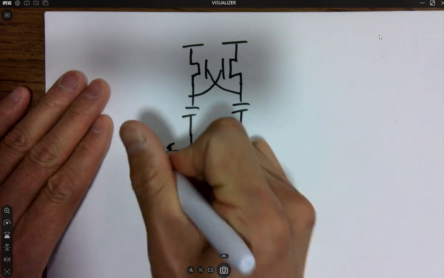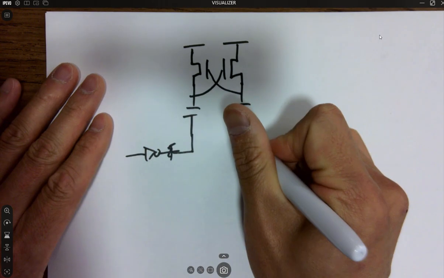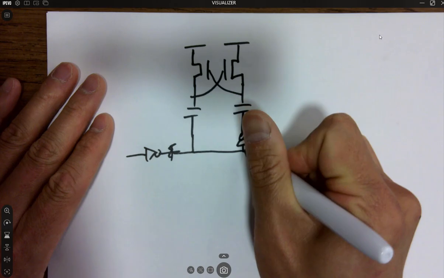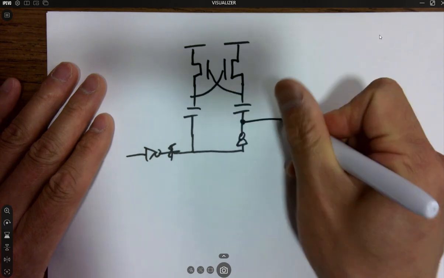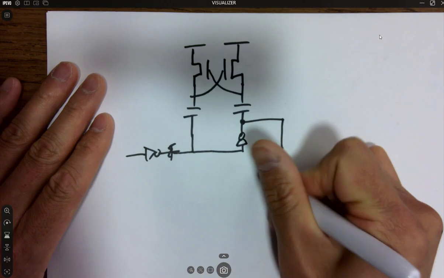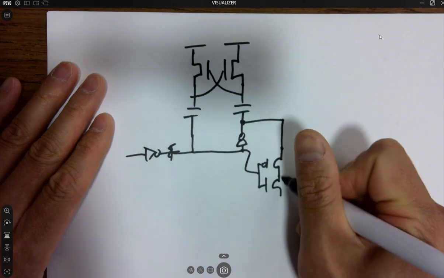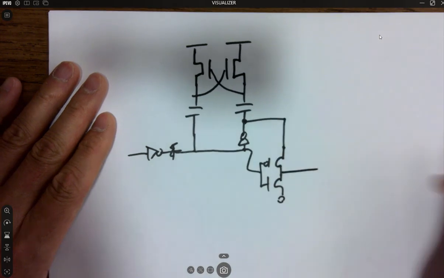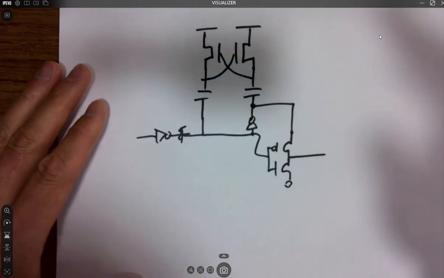One more inverter. And so that's the voltage we want to use for this inverter, and it uses this point. Here's the output. So I saw a bunch of issues.